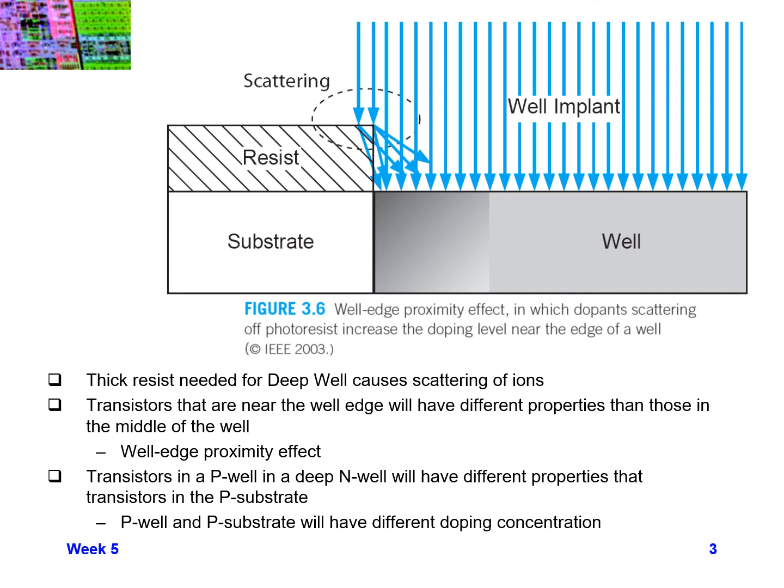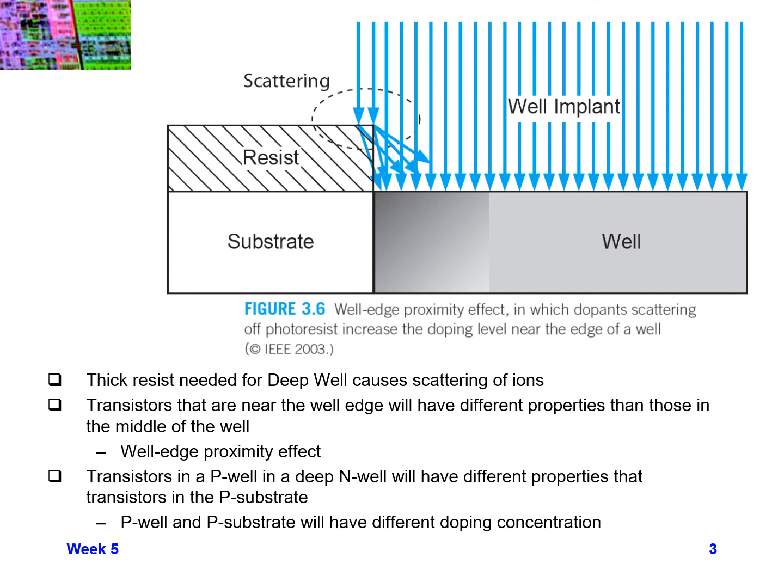And you don't really want to have different properties of your transistors typically. And so this is what's called the well edge proximity effect, meaning that transistors that are near the well edge will have different properties than transistors that are in the center of the well.